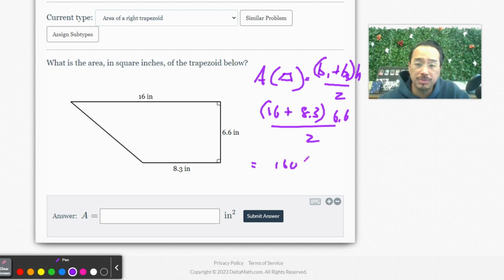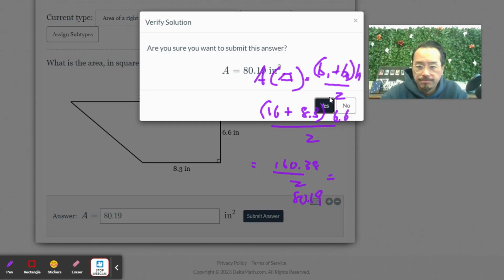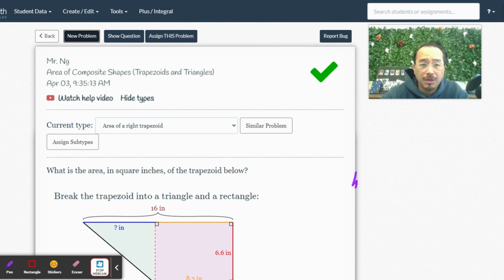So the whole thing up top is 160.38 divided by 2. That's 80.19. Just like that. Done.